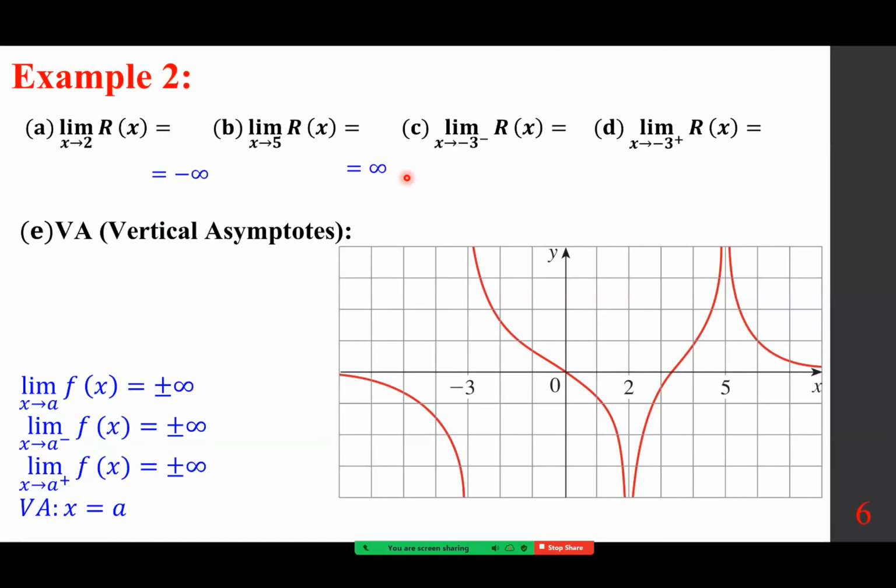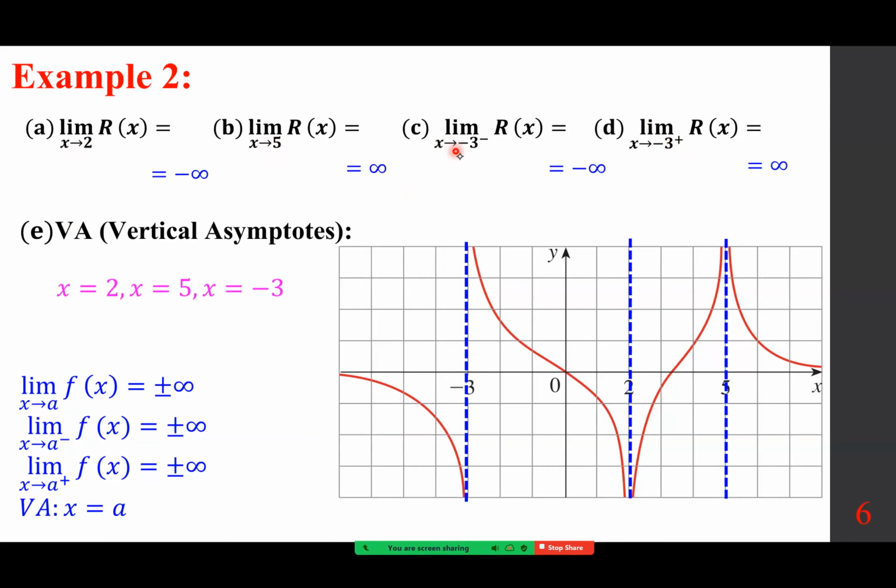Negative 3, from the left, it's going down to negative infinity, but from the right, goes to positive infinity. And to find the vertical asymptotes: x equals 2, x equals 5, and x equals negative 3. So those are the vertical asymptotes according to this definition.